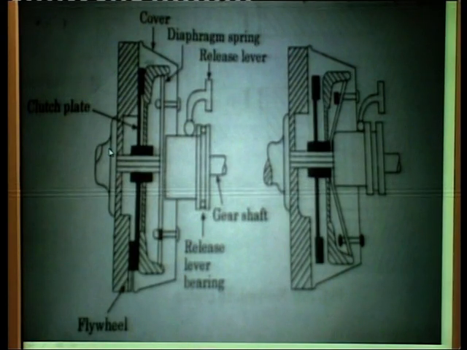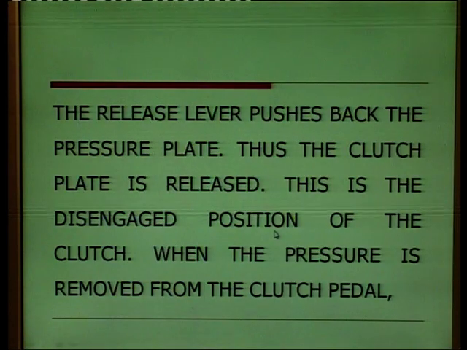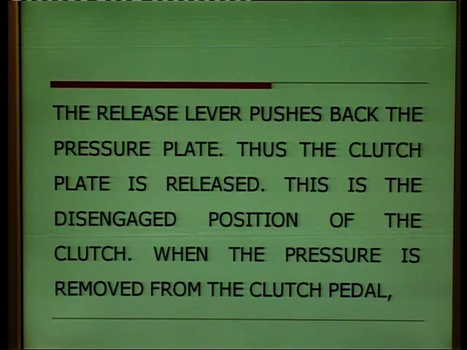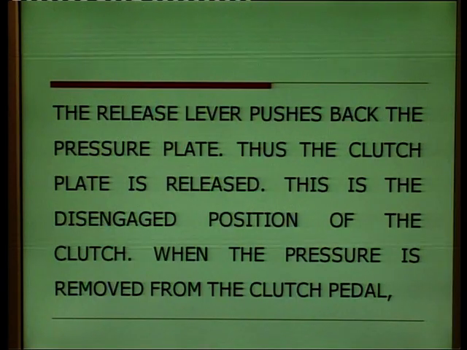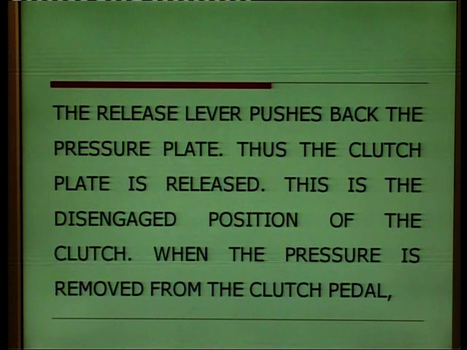This is the engaged position. This is the disengaged position, and the release lever pushes back the pressure plate. This is how it works. Thus, the clutch plate is released. This is the disengaged position of the clutch when the pressure is applied on the clutch pedal.